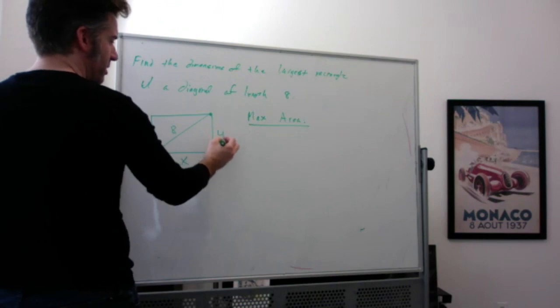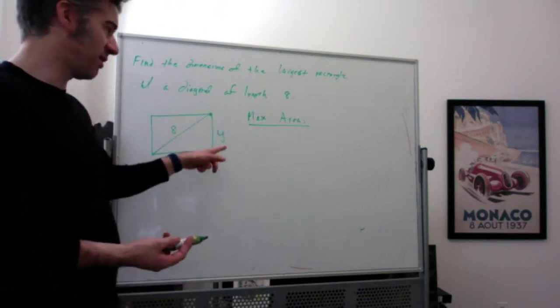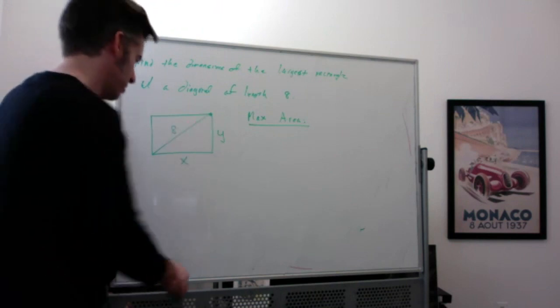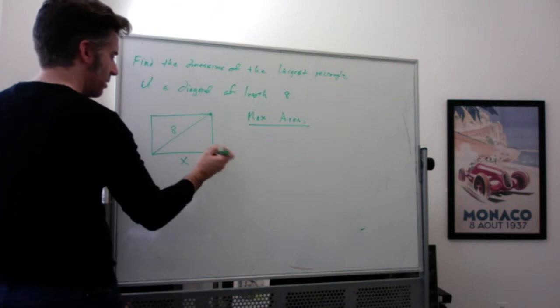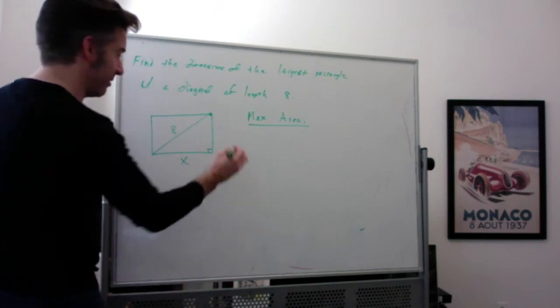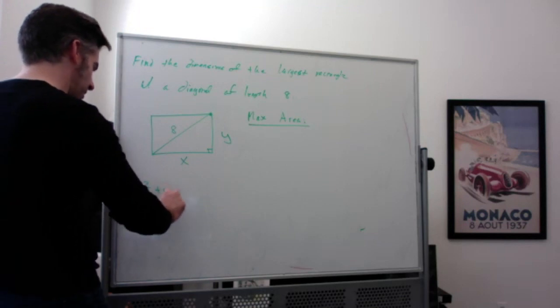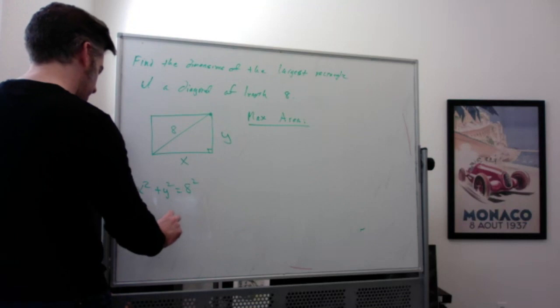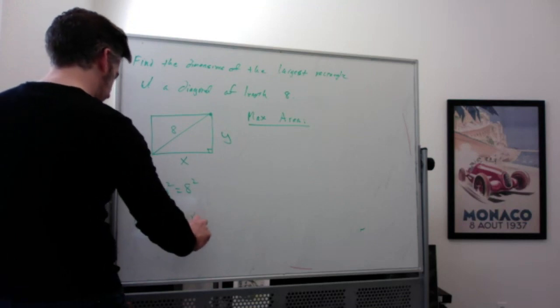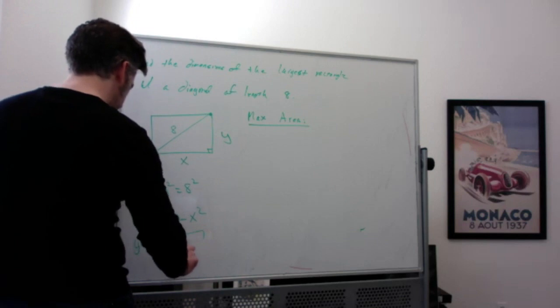I could call the other side y, but I could also just figure out what this side has to be. Via the Pythagorean theorem, okay, fine, I'll call it y. I know that x squared plus y squared equals 8 squared, so y squared equals 64 minus x squared, and y is the square root of 64 minus x squared.